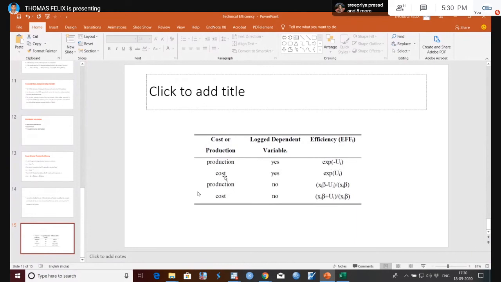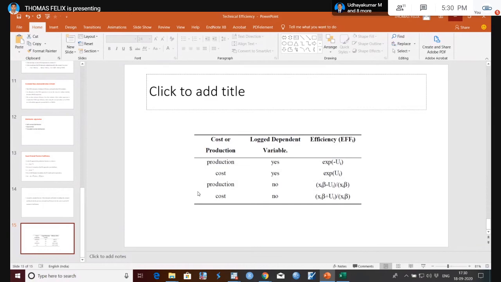In the case of a cost function, we have to use the formula exponential of u. This applies if the variables are logged. If the dependent and independent variables do not take log values, we have to use a different formula.